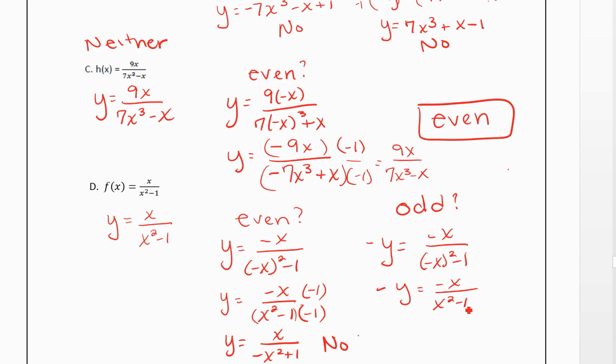Now we want to get y by itself again, so we're going to multiply both sides by negative 1, which is like negative 1 over 1. So here we're just really multiplying the numerator by a negative 1. So this becomes y equals, negative x times negative 1 is x, over the bottom will still be x squared minus 1. And that is what we started with. So this one is an odd function.